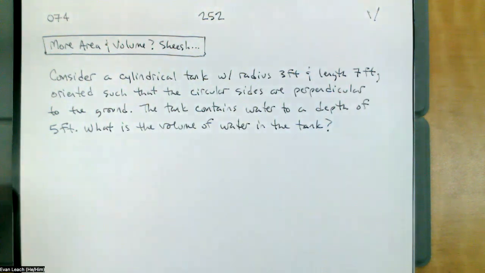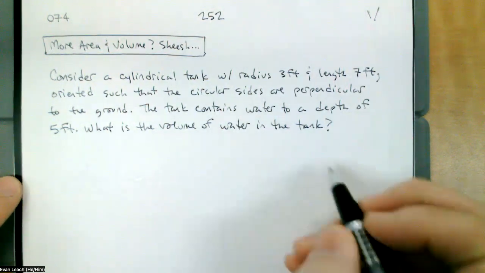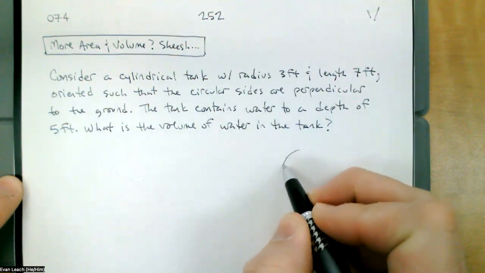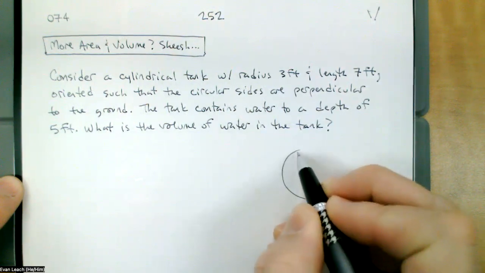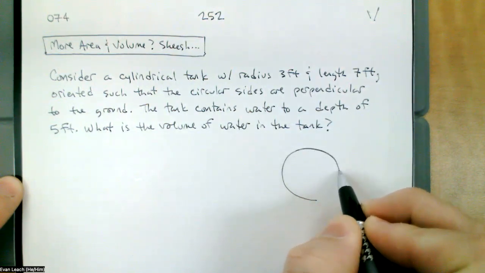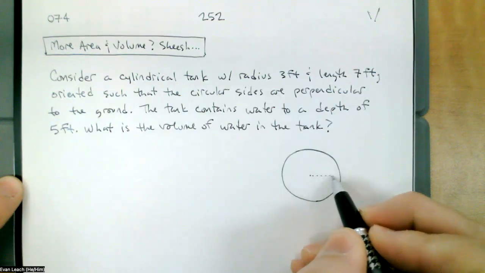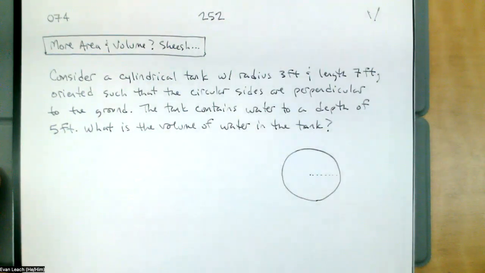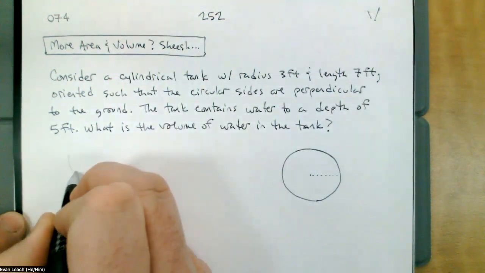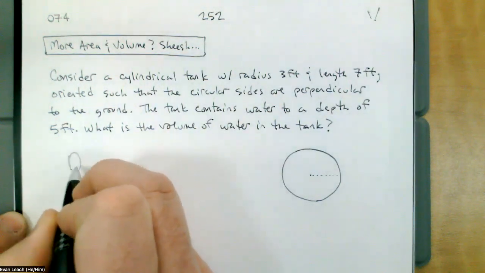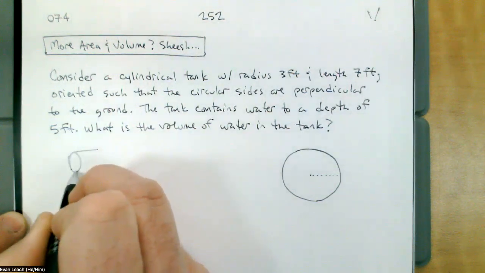So if we think about looking at this from the side, we have a circle. Now, this is going to be just the view from one end, so I don't have to try to draw a cylinder. But what's going on is we've got a cylinder with a circular end perpendicular to the ground.